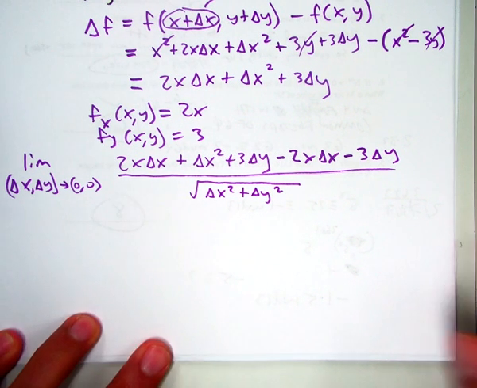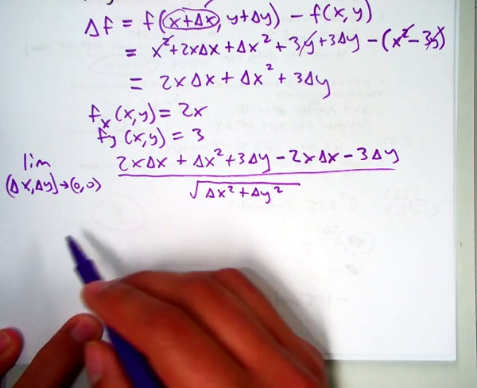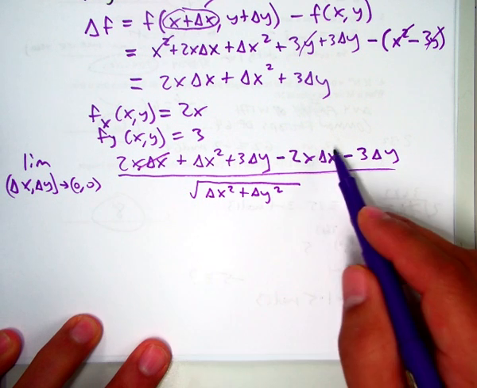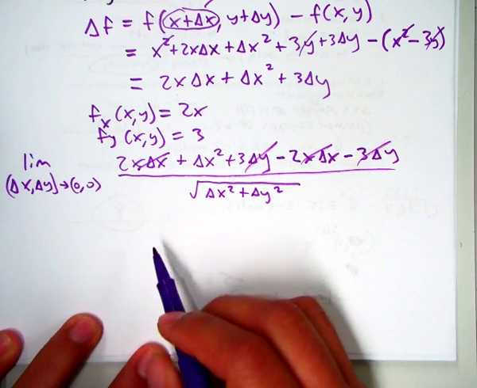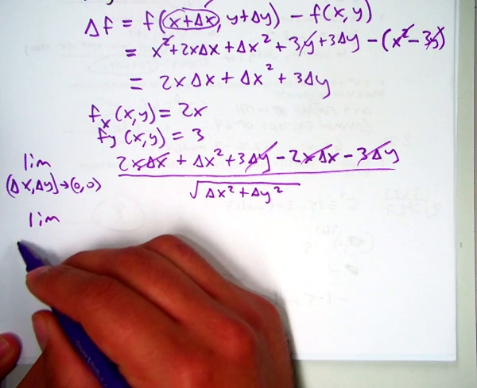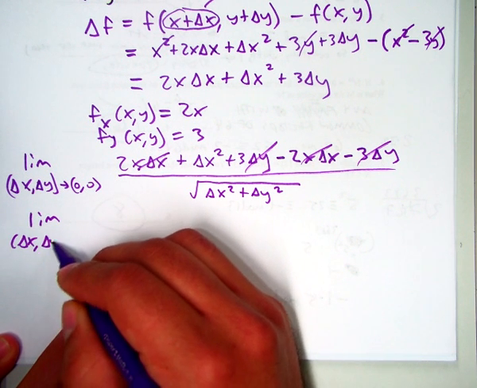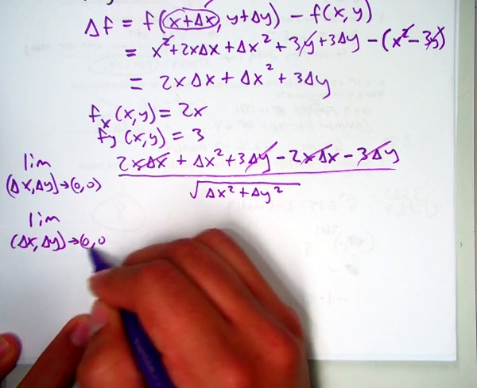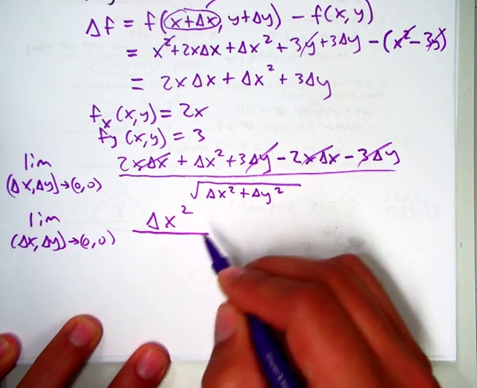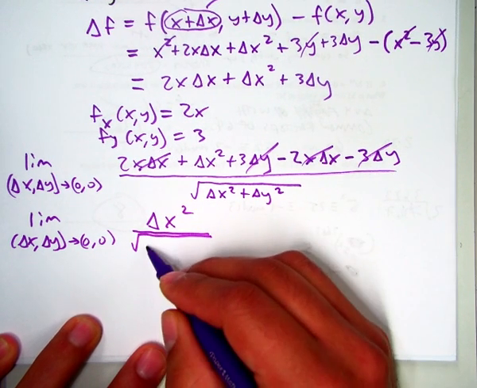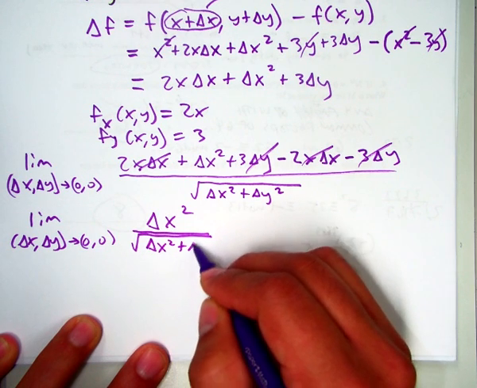Okay? So let's see. These cancel. These cancel. Well, that's kind of nice. So all we're left with now is the limit of delta x, delta y going to 0 and 0 of delta x squared over the square root of delta x squared plus delta y squared.